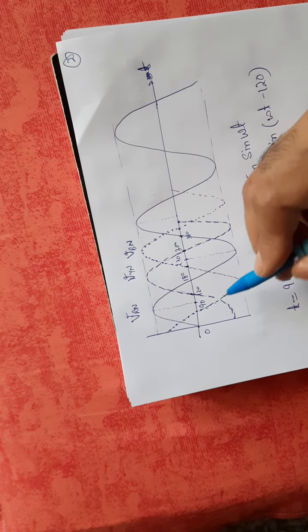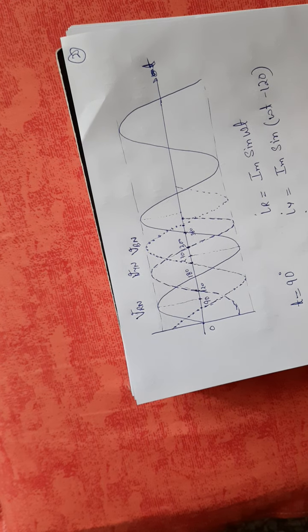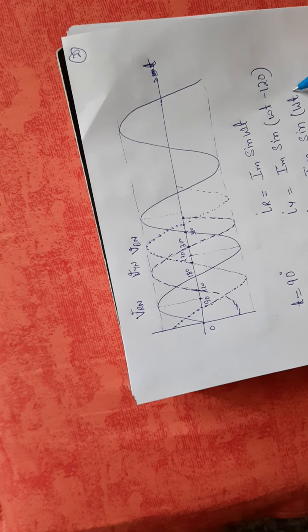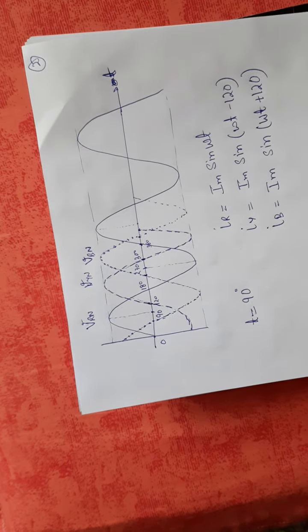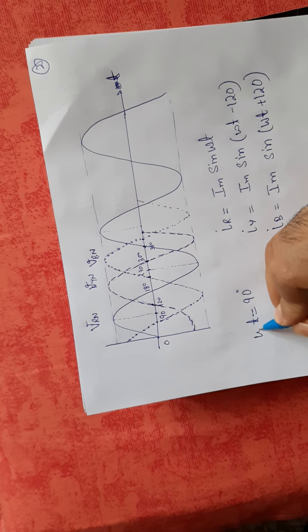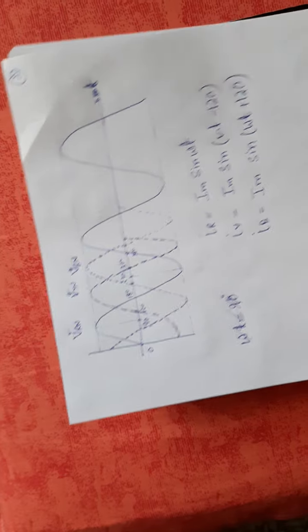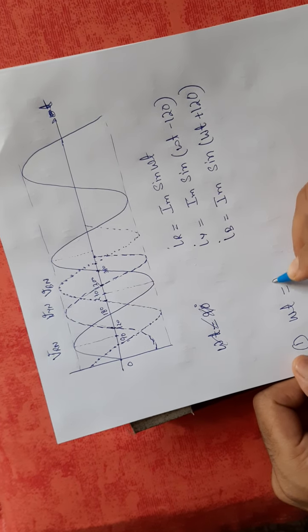These are the voltage waveforms. Similar will be the current waveforms. Okay, IR, Iy and Ib will be Im sin omega t plus 120 degree. Okay, so I am taking the first instant, case first, when omega t was equal to 90 degree. I will start from here.